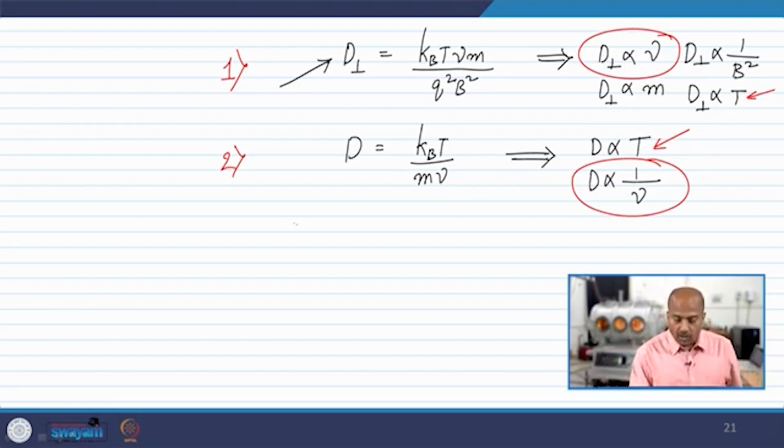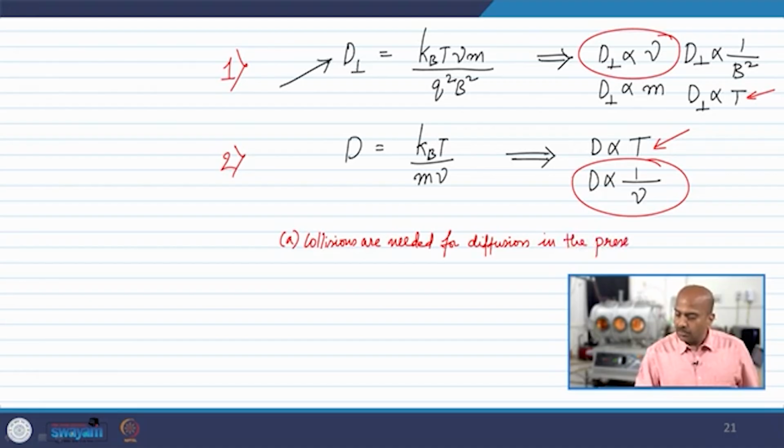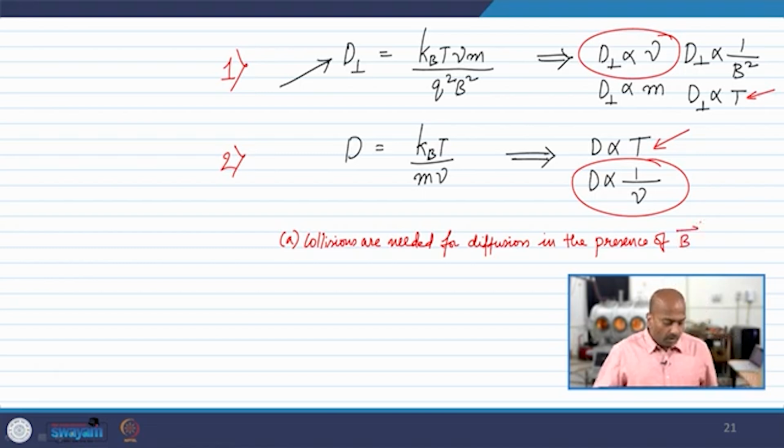So, one very important conclusion is we need collisions. Collisions are needed for diffusion to happen in the presence of the magnetic field. Okay.